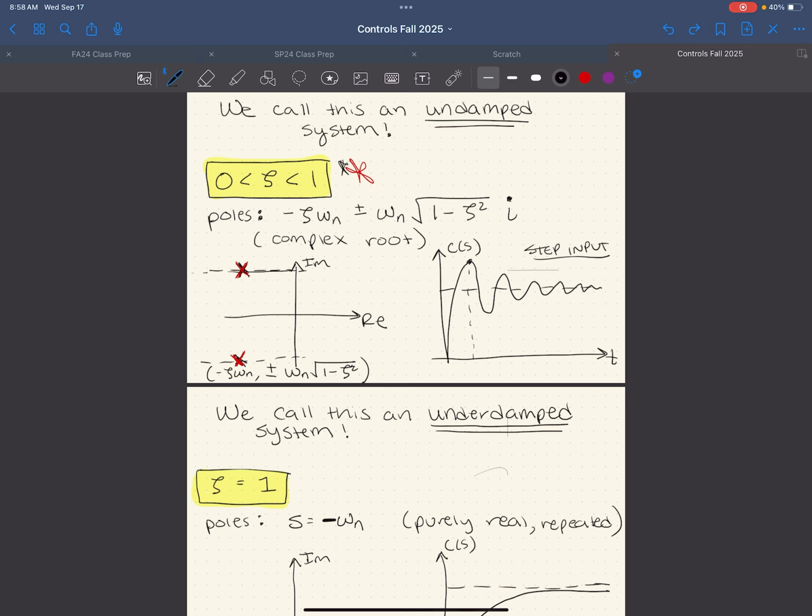Now you can still move these poles left and right, which is going to be related to a different type of behavior, but you have to be on this particular vertical location in order to achieve a particular peak time.